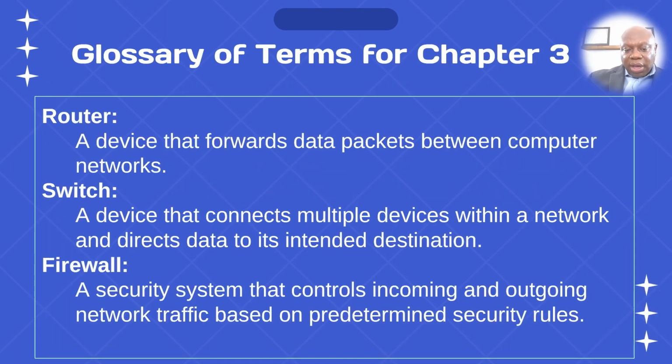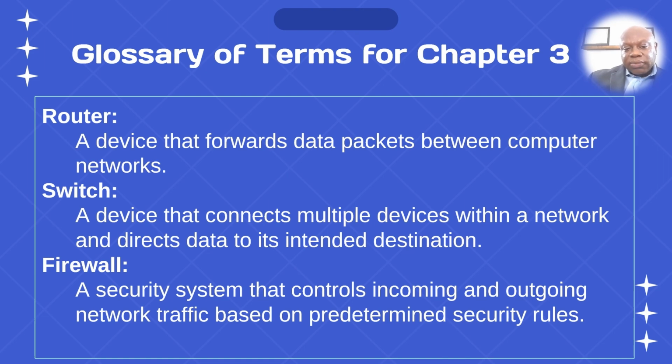Glossary of terms. Again, more definitions. Please study these. Some parts of this will be in the examination. And even if it's not, sometimes if a question says a router is used to blah, blah, blah, at least you understand what a router is. And if the question doesn't relate clearly to the definition of a router, then you can say, okay, well, that's not the answer.